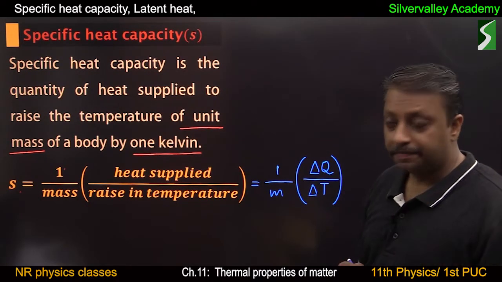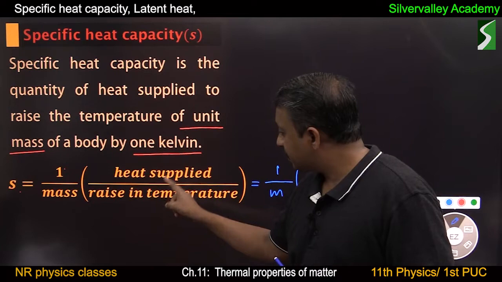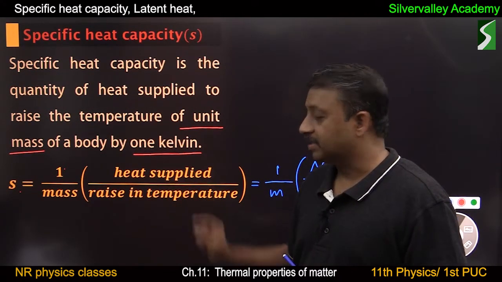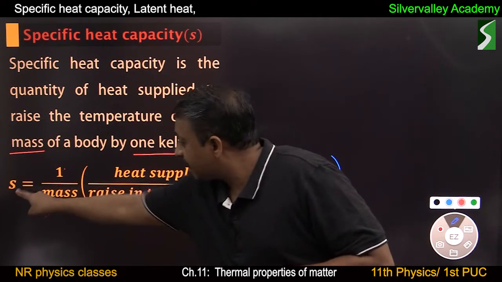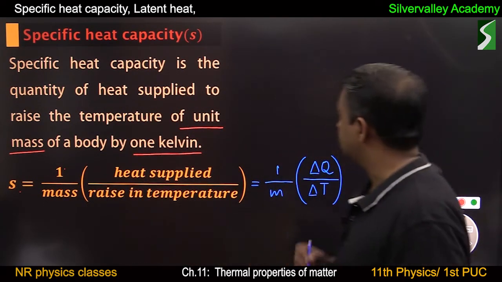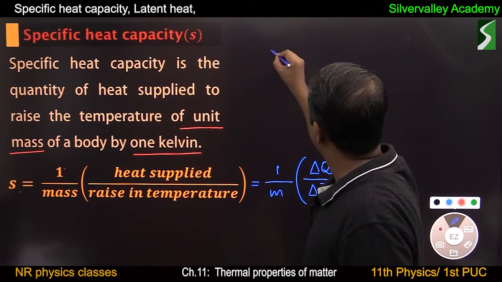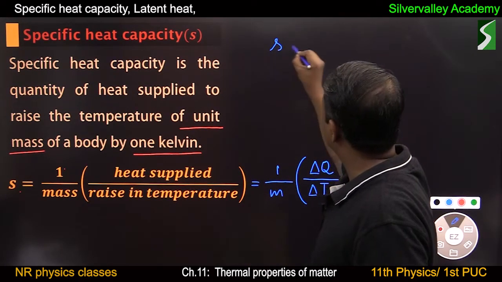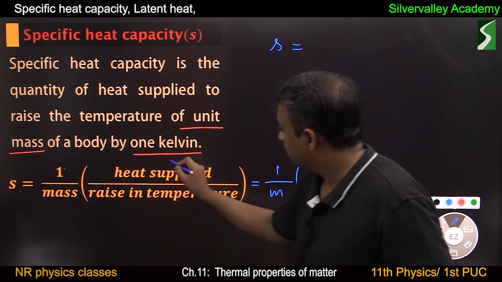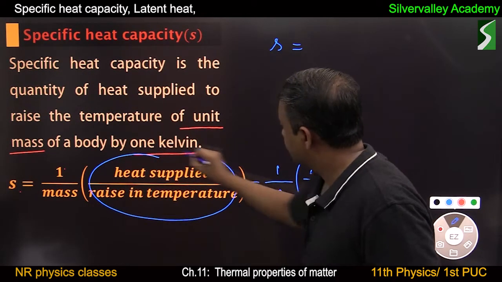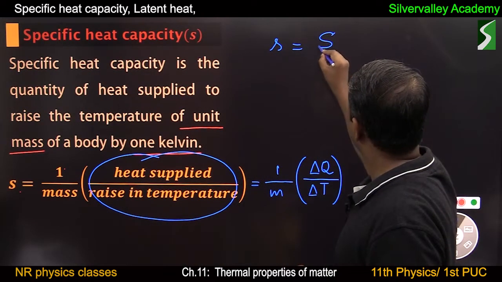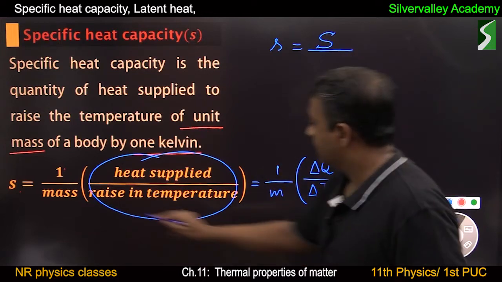One more observation. Heat supplied by rise in temperature is heat capacity. So specific heat capacity equal to 1 by mass times heat capacity. So I can write specific heat capacity equal to heat capacity, capital S, divided by mass.